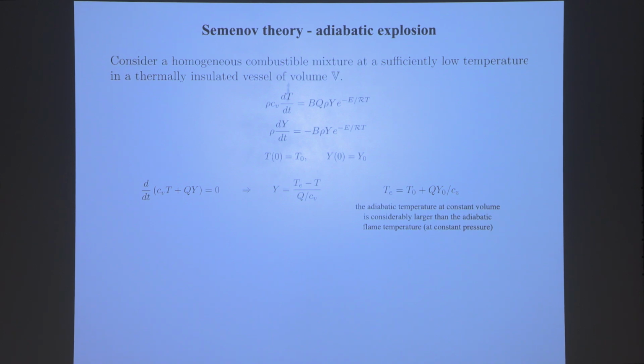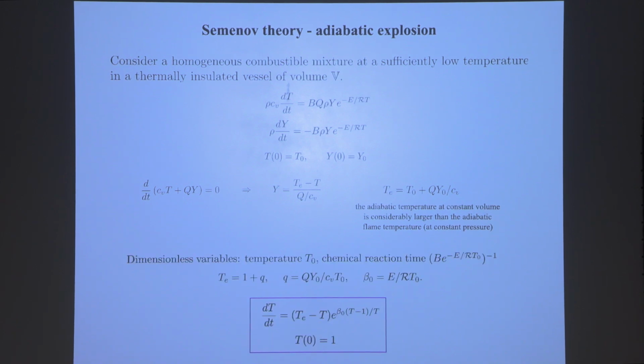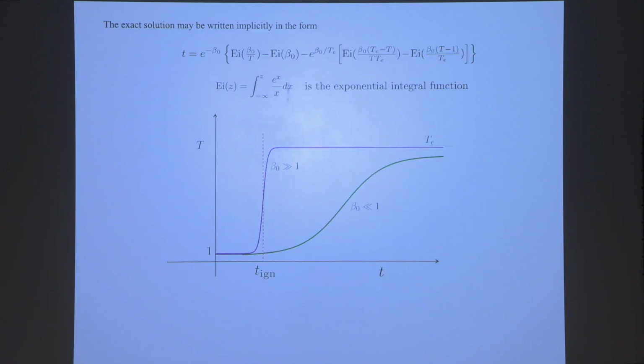Okay, so this is one thing. And then because of that relation, there is only one equation for the temperature. It's a simple ODE, but nonlinear. And despite that, if you integrate it from, let's say, the initial condition T at 0 is 1, despite the fact that it's very simple, mathematically it's a very complex form.